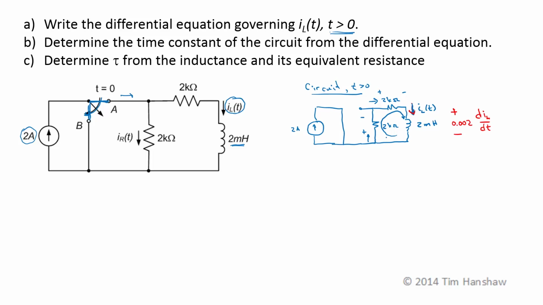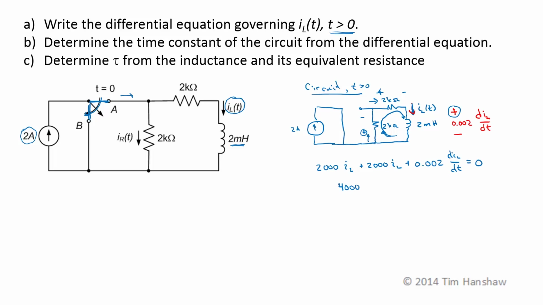So now, if I'm looping in this direction, I'm entering the positive terminal first, so I get 2 kilo ohms, or 2000, times the current, I sub L, plus entering the positive terminal here, another 2000, 2 kilo ohms, times I sub L again, and then entering the positive terminal on the voltage across the inductor, which is 0.002 dI_L/dt. That brings us back to our starting point, so that's 0.